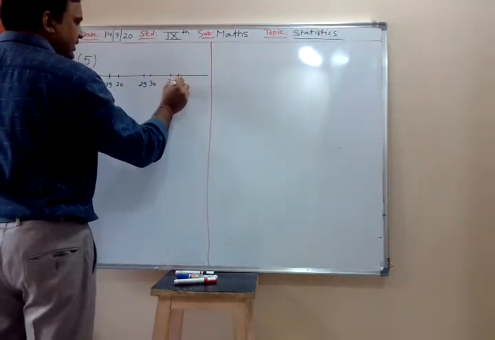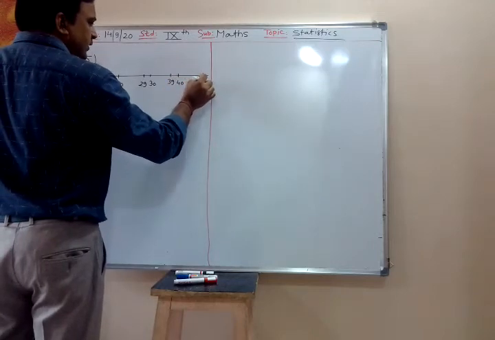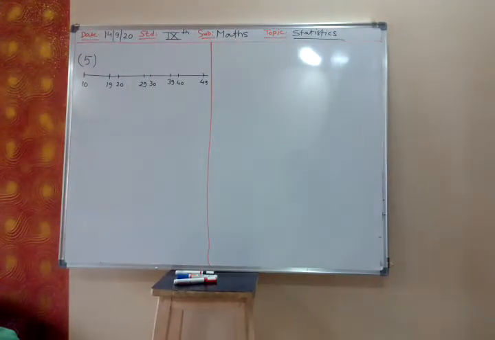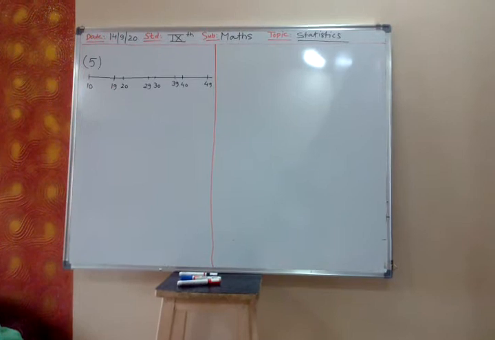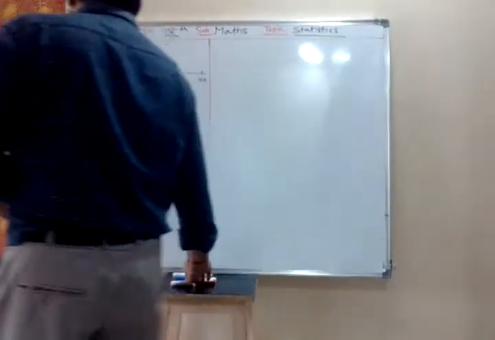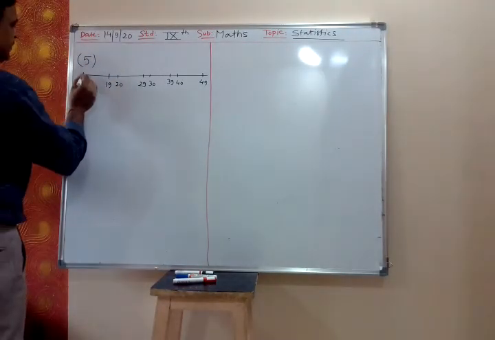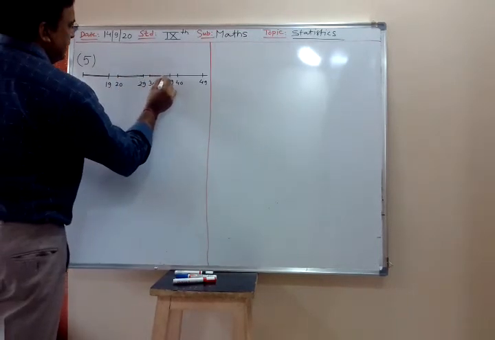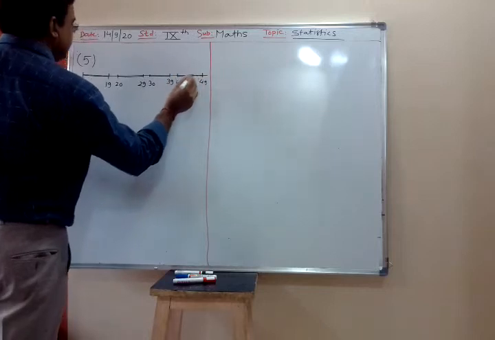So we are given the class interval 10 to 19, then 20 to 29, 30 to 39, 40 to 49.